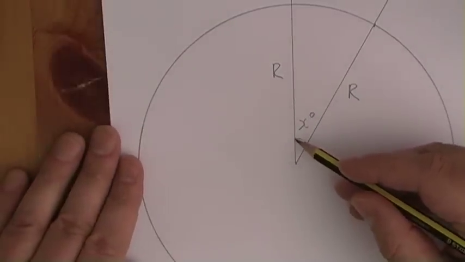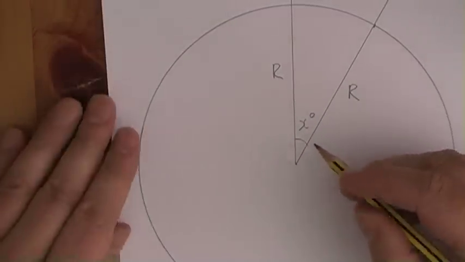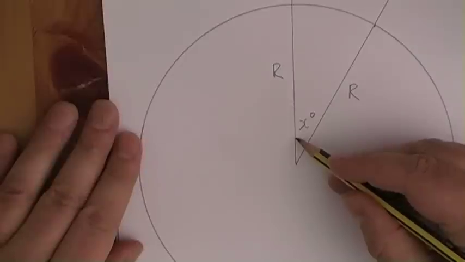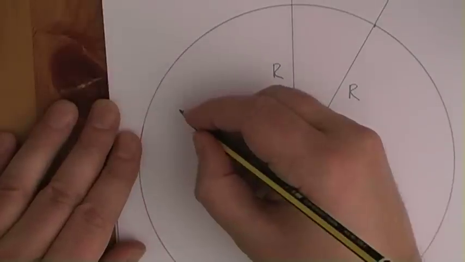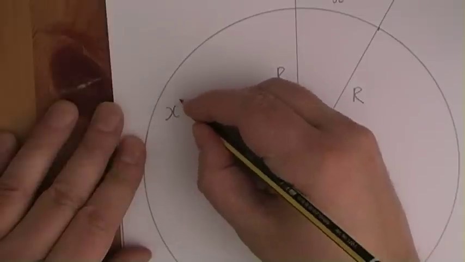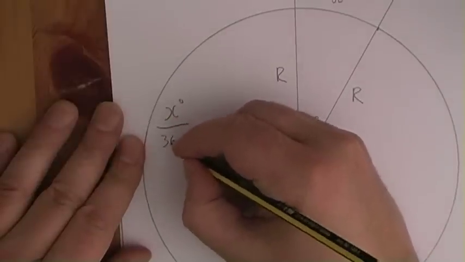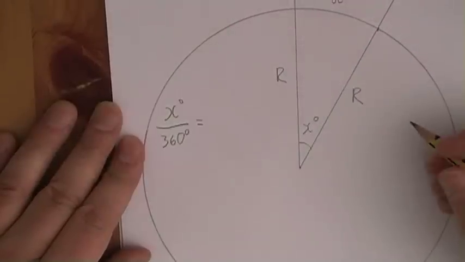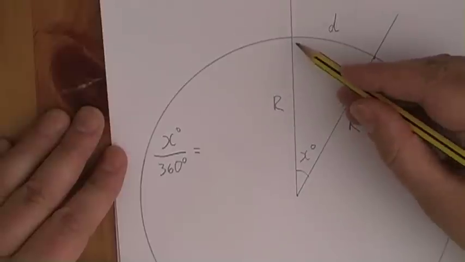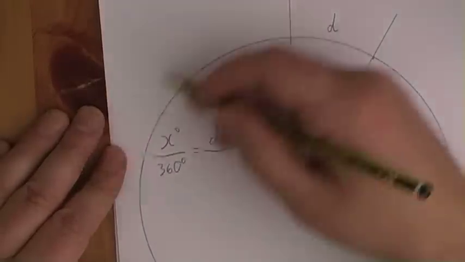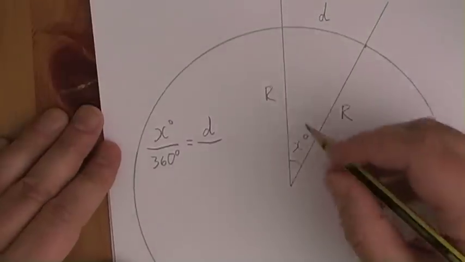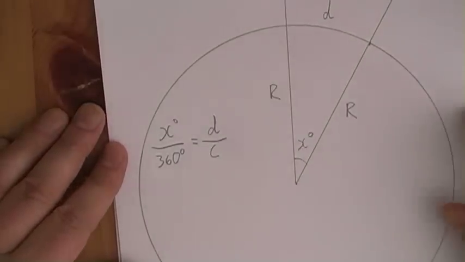You would learn this at school, mathematics of this level. If we do a fraction of x over the number of degrees in a full circle, 360 degrees, that's going to be the same as d divided by the circumference of the whole circle. Remember, the circumference is the distance all the way around, so that's going to be that there.